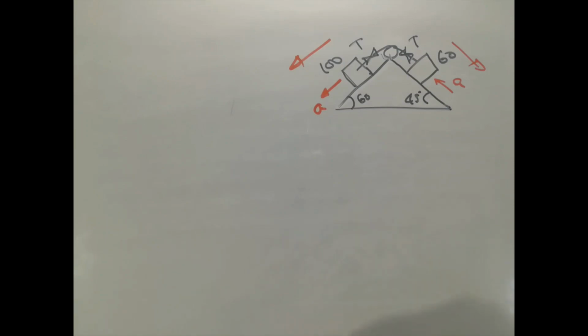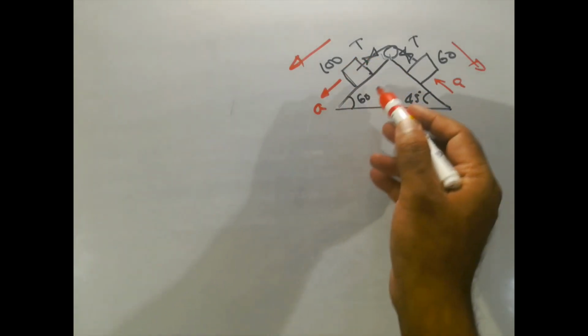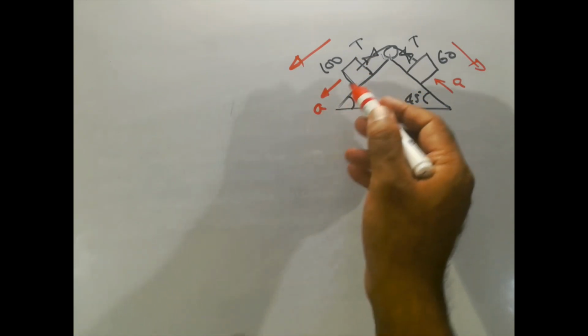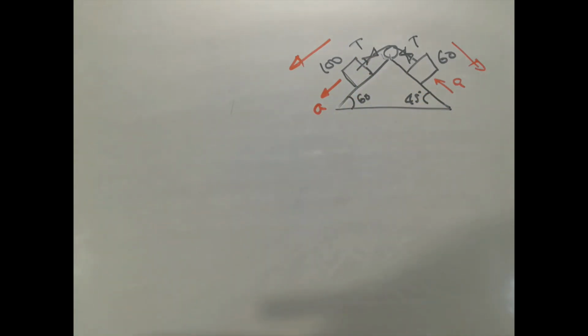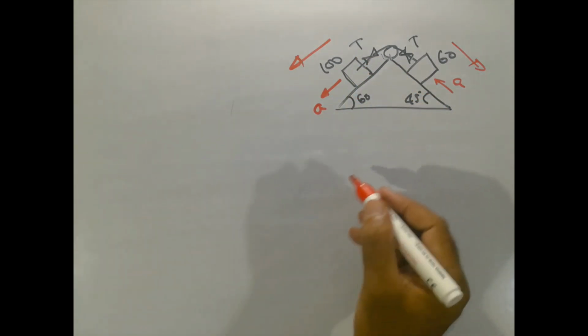Let us see how to solve this. We already assumed that the 100 Newton block is moving down with an acceleration of a.